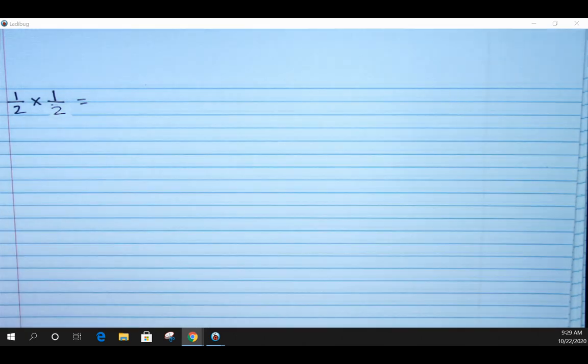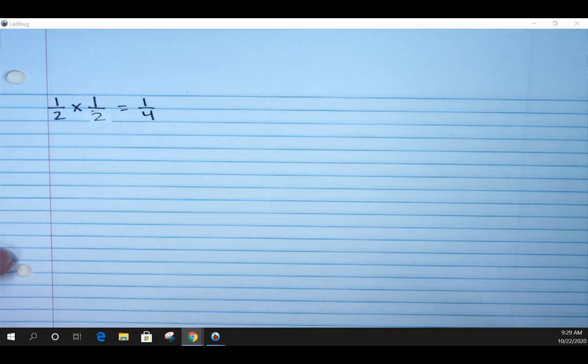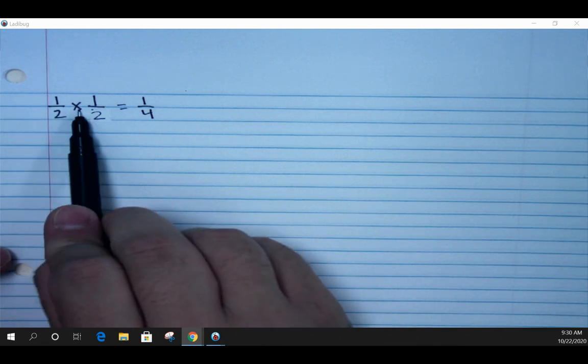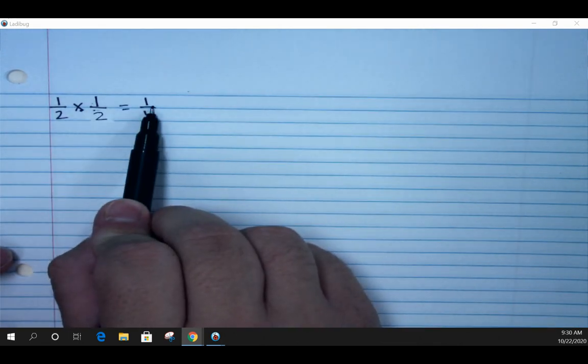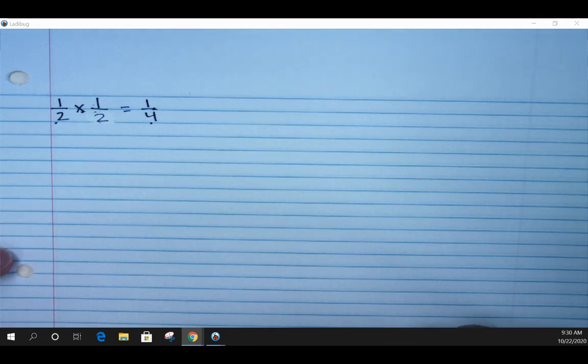And you'll get what? If you cut the halves in half, you get 4ths. Because 1 times 1 is 1, and 2 times 2 is 4. So if you have the halves, you get 4ths.